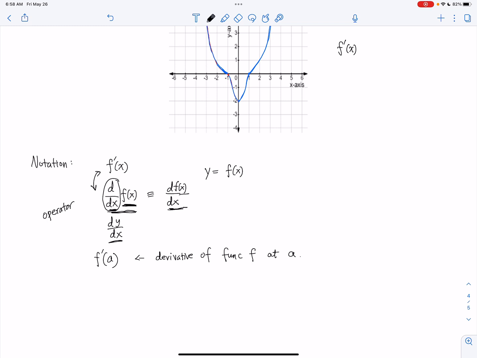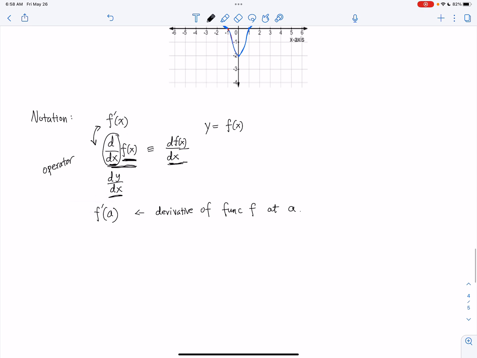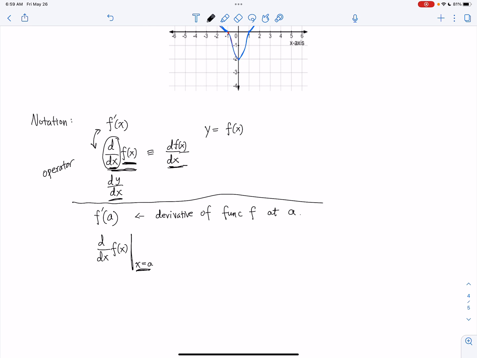This is the one we used earlier, f prime a. So you can write f prime a, or you can do d/dx f(x), and we have to specify x equals a. We write this vertical line, then write down what value you want to specify as a subscript down here.